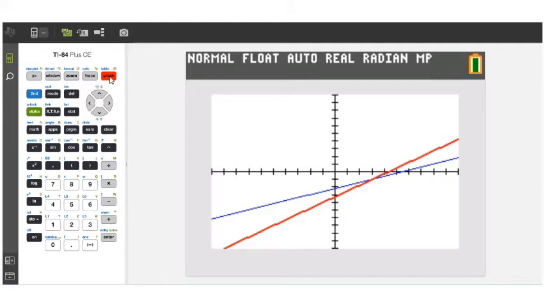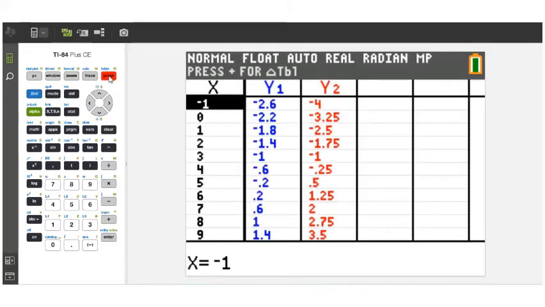Okay, so in looking at the graph, it certainly appears that the graphs intersect right in here, where y is equal to about minus 1. So let's go in here and look at our table. Second graph, it's going to give me my table. And if I go right into here, I can see that when x is 3, y in the first equation is minus 1.